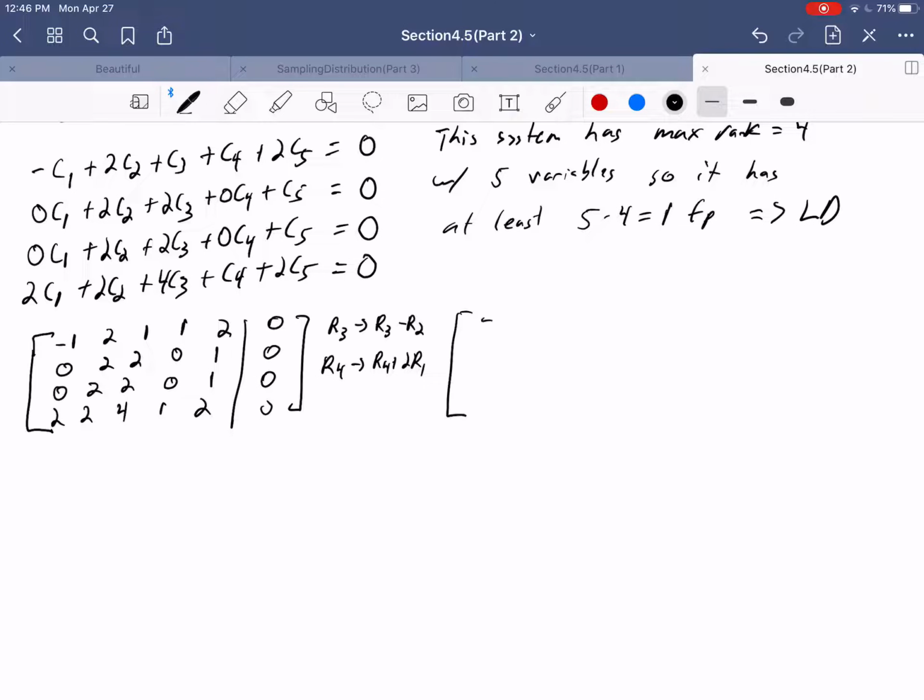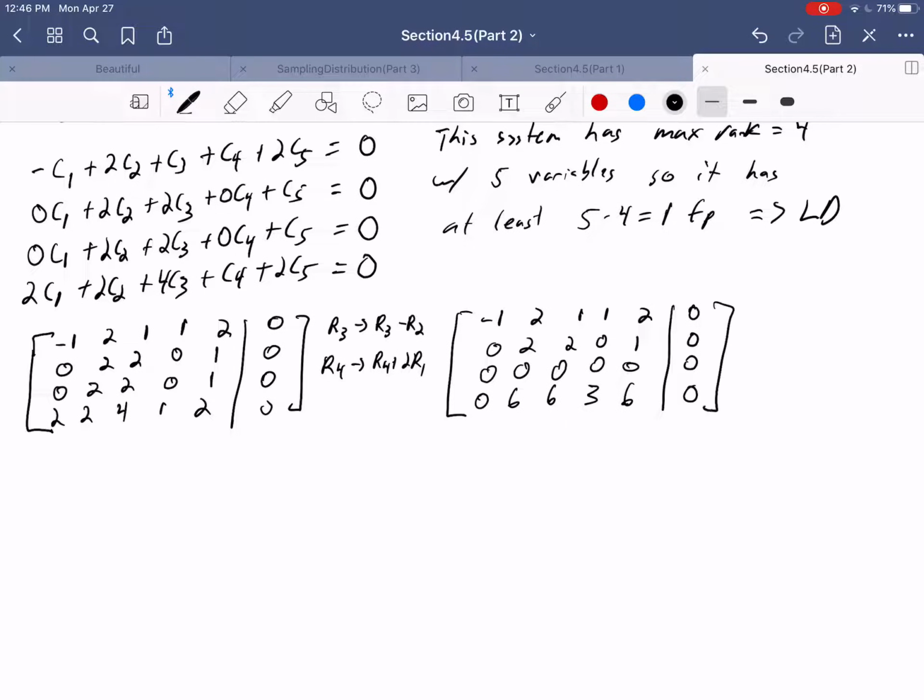All right, so we get -1, 2, 1, 1, 2, and 0. Then we get 0, 2, 2, 0, 1, and 0. Then we get an entire row of zeros here. And then down here, it looks like we get 0, 6, 6, 3, 6, 0. Okay. Now, it's probably a good idea to put this guy at the bottom.